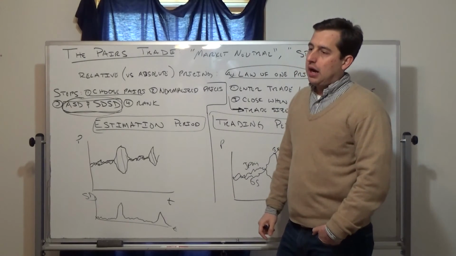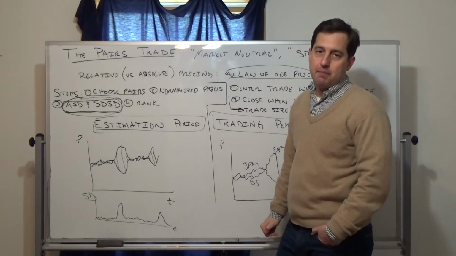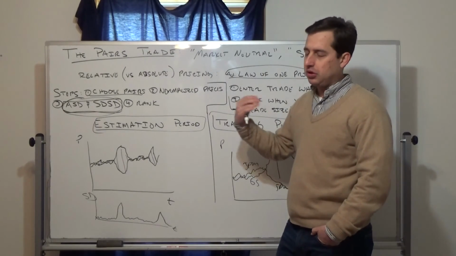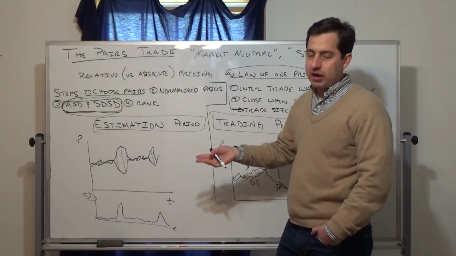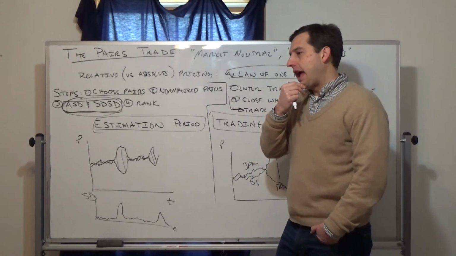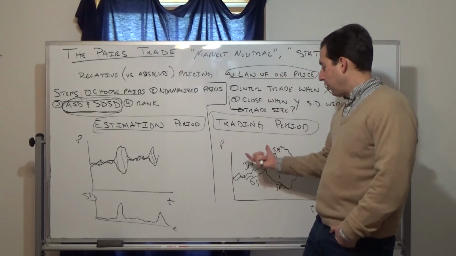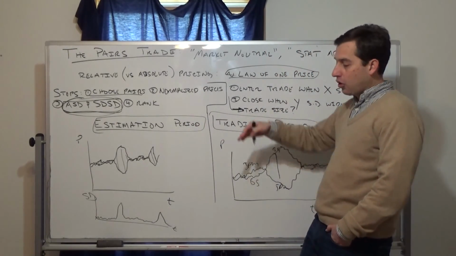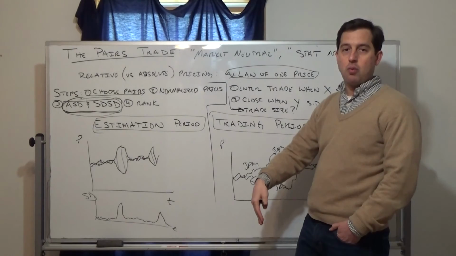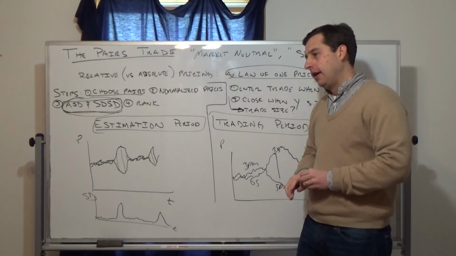Let's say back before the Gulf oil spill, you're looking at BP and Exxon to be a pair. And all of a sudden the oil spill hits, right? Well then, the oil spill hits in your trading period. You're going to see BP go very far down relative to Exxon Mobil.